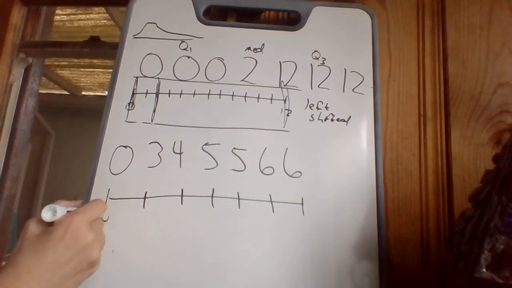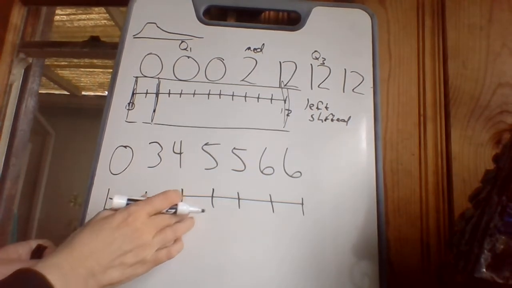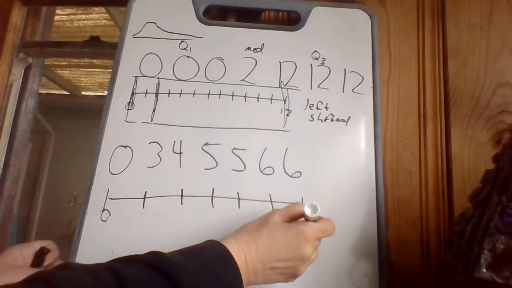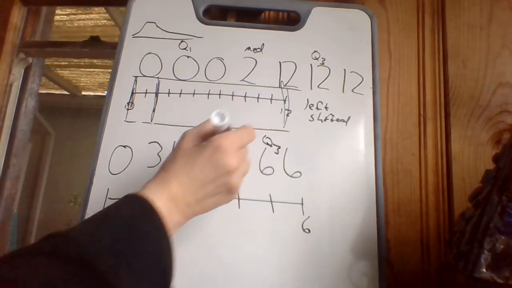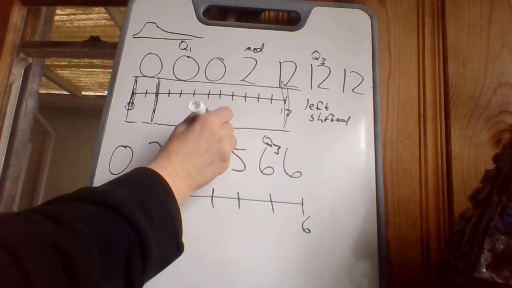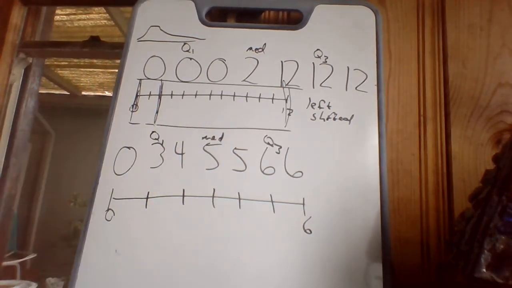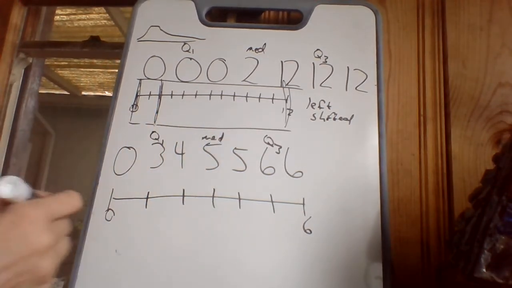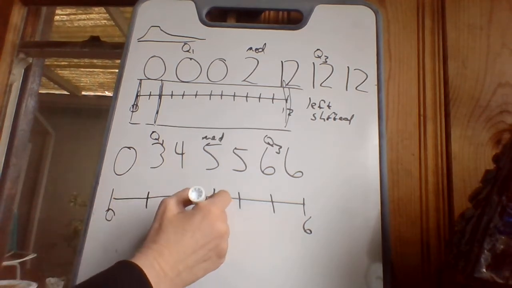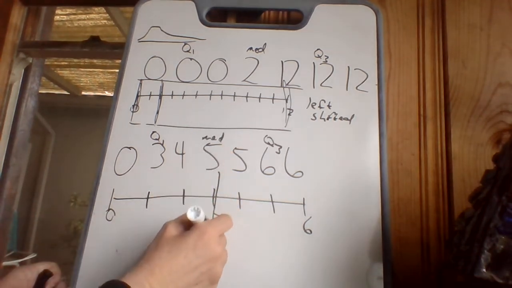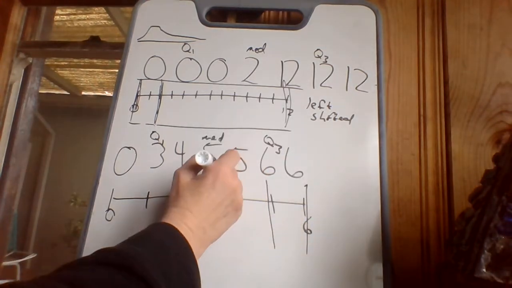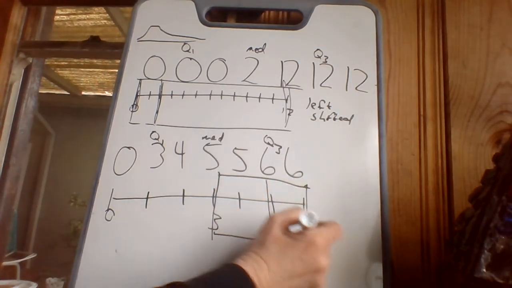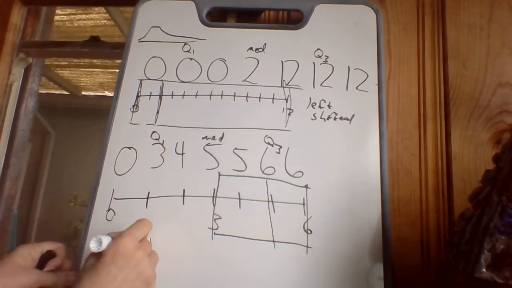All right, 0, 1, 2, 3, 4, 5, 6. Now I'm going to put Q3 here, med here, Q1 there. So 1, 2, 3. Here's 3. There's a long line there, and a long line at 5, and one again at 6. All right, this is definitely right shifted.